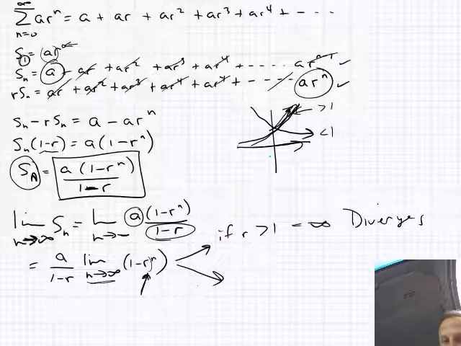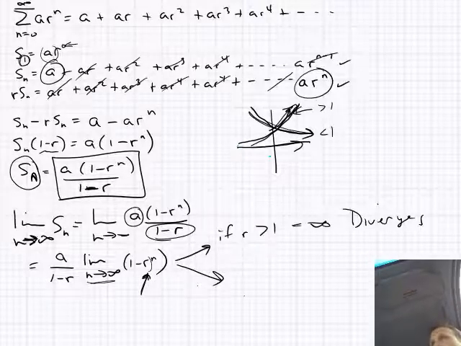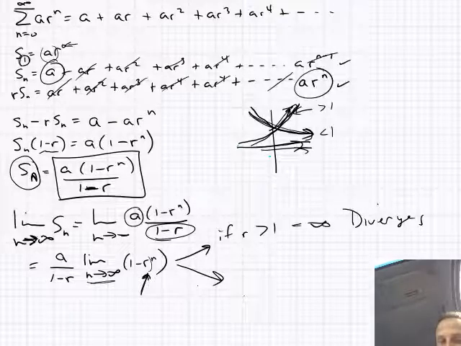But if r is less than 1, and we're talking about absolute value in this case, because the base of an exponential always has to be positive. But anyway, let's go less than 1. As n goes to infinity, the exponential itself gets closer and closer to 0.